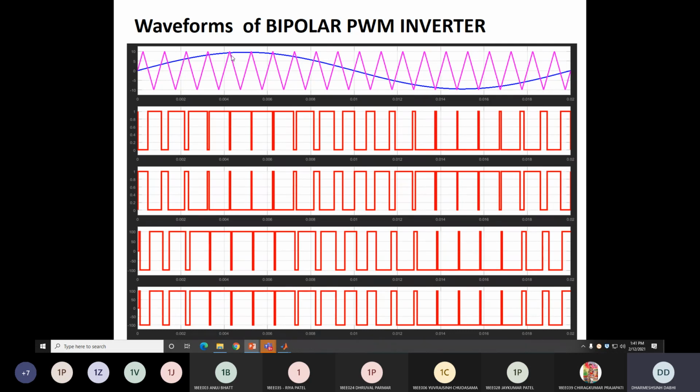Here the peak value of the triangular wave is slightly higher than the sine wave. So what will happen here at the peak of this sine wave, the width of the gate pulse will increase, it is very high. You can see here. As the width of the gate pulse is high, it means that your thyristor will turn on for a large duration, so that it gives more output voltage.